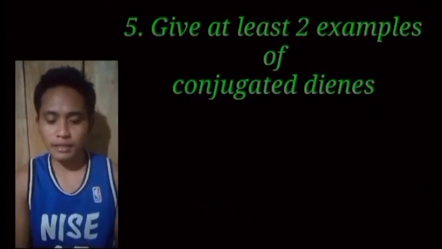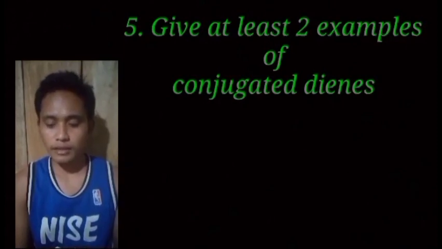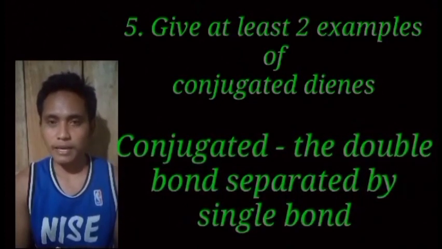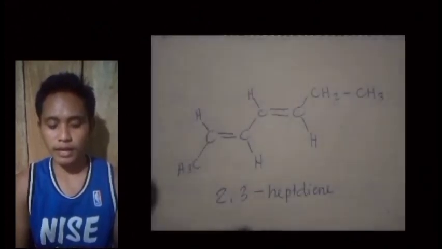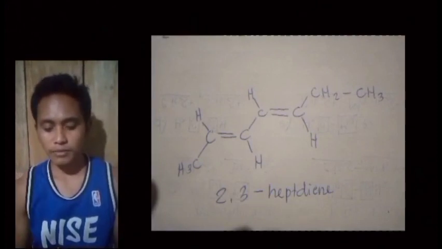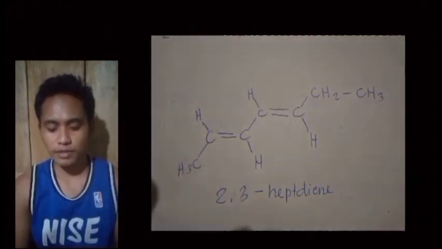So, number 5. Give at least two examples of conjugated dienes. Conjugated means the double bonds are separated by a single bond. Here are examples of conjugated dienes. 2,3-heptadiene, because heptane, we have 7 continuous carbons.